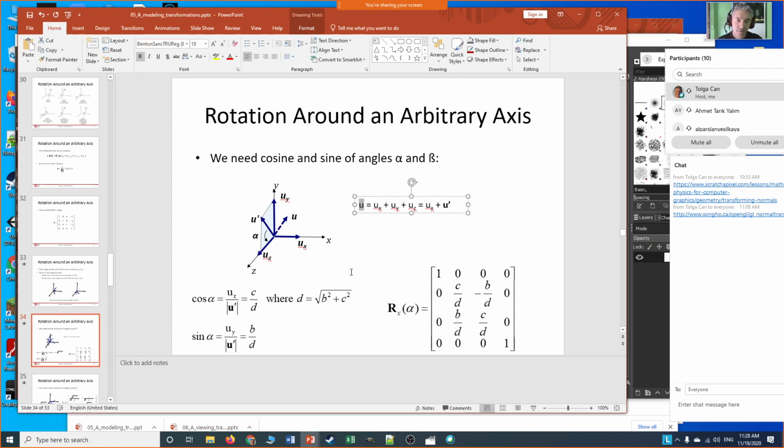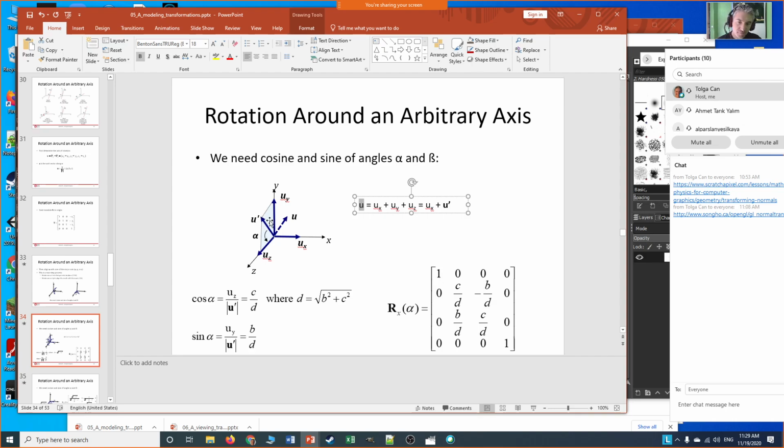Now, in order to do the rotation, we want to put it down first. This alpha is how high this vector is above the x-axis. To perform the rotation on the actual u vector, look at the projection of u on the yz plane, which is u prime.